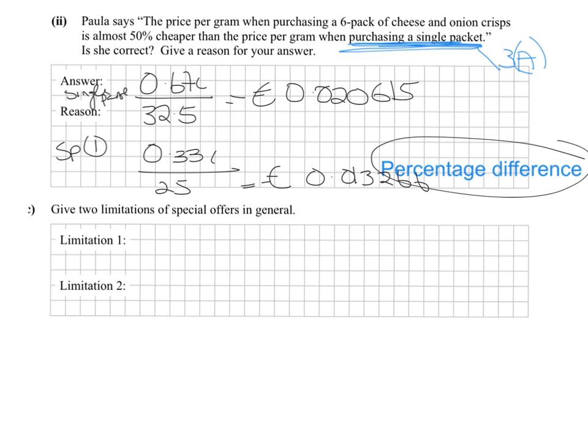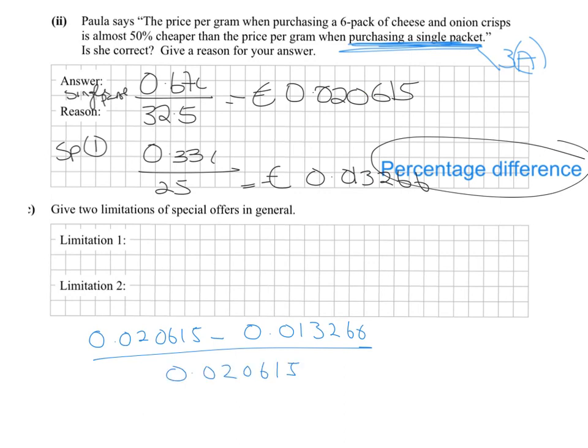So it will be 0.020615 minus 0.013266 all over the original amount, which is 0.020615 multiplied by 100 over 1. And you should get that to be 35%, which means that no, it's not 50% cheaper, it's 35% cheaper. So my answer there is no, and my reason is proven there.